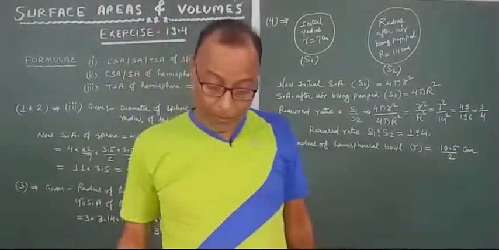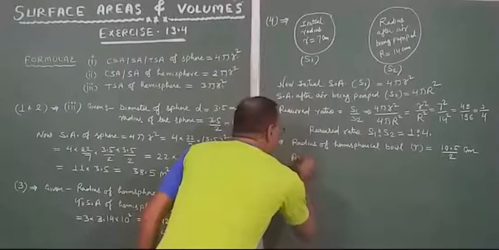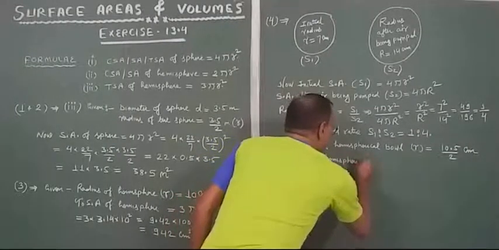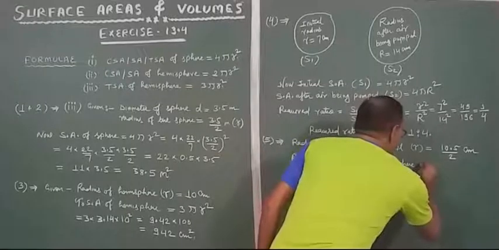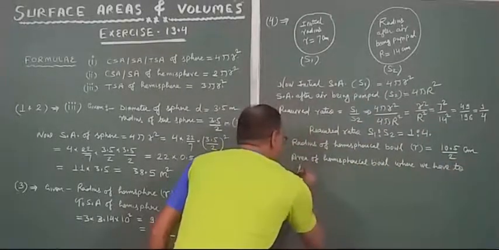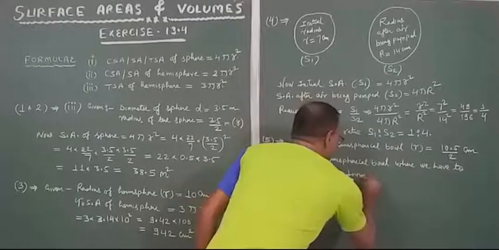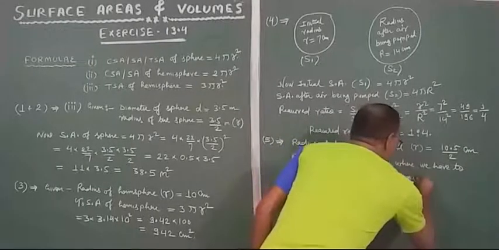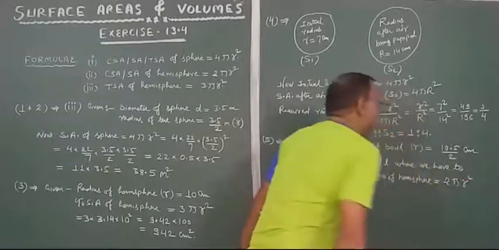Now what will happen? The area where we have to do tin plating, that will be the inner CSA of the hemisphere, and that will be given by 2 pi into inner radius whole square, that is 2 pi r square.